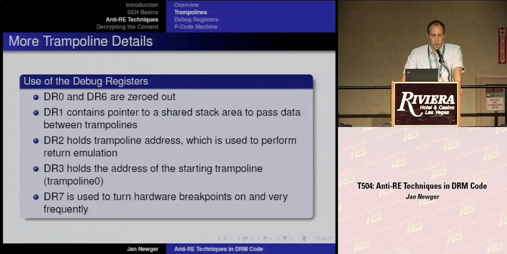Okay, so the debug registers are used in a special way. Debug register 0 and 6 are zeroed out because they aren't used at all. Debug register 1 contains a pointer to a shared stack area, which is used to pass data between trampolines. In this case, that would mean DR1 points to a location which is used to exchange data between trampoline A and B. So therefore, you have some kind of parameter emulation.